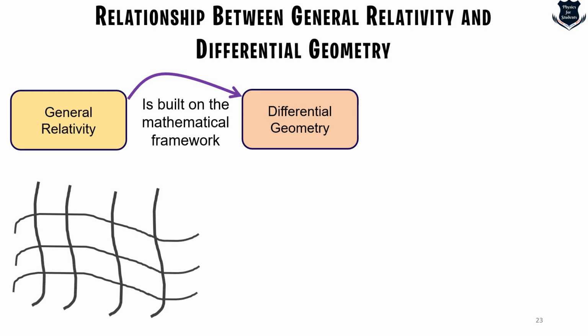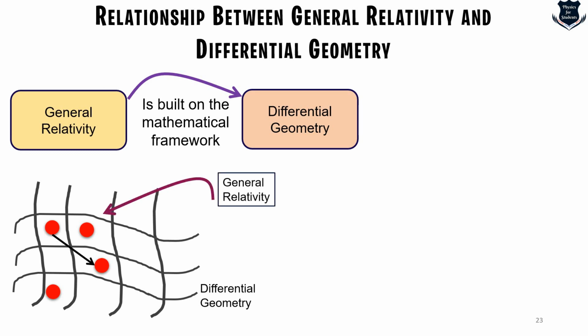If I take these curved surfaces, where differential geometry usually deals with curved surfaces, and then we try to measure the points, angles, momentums, anything, that is where general relativity actually starts. So the curved surfaces or the geometry is the differential geometry part, and the physics which takes place is that of general relativity.